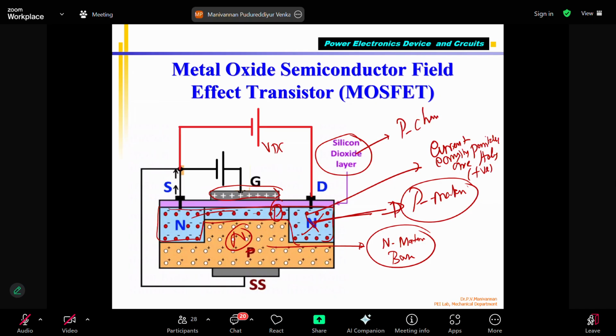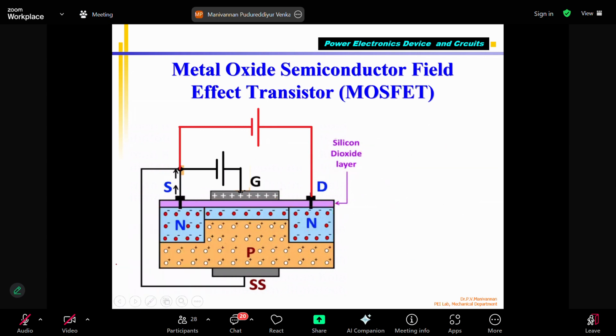But some difference is there. Please note one small thing: what is the advantage, and which one to use, for understanding purposes. N-type material has electrons as current carriers. In N channel or N-type material, electrons are the current carrying particles; current is carried because of the movement of electrons.